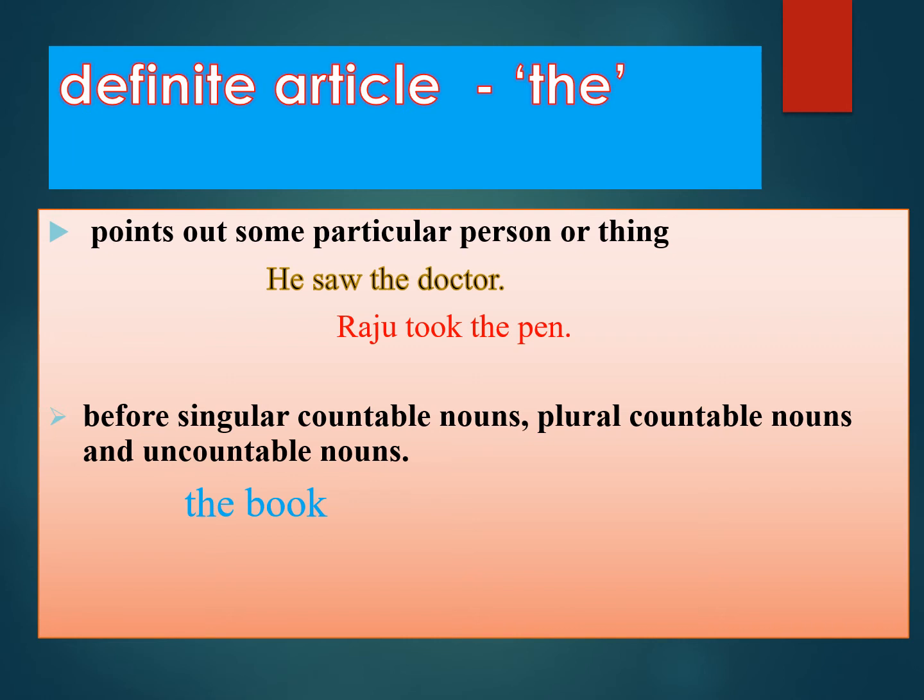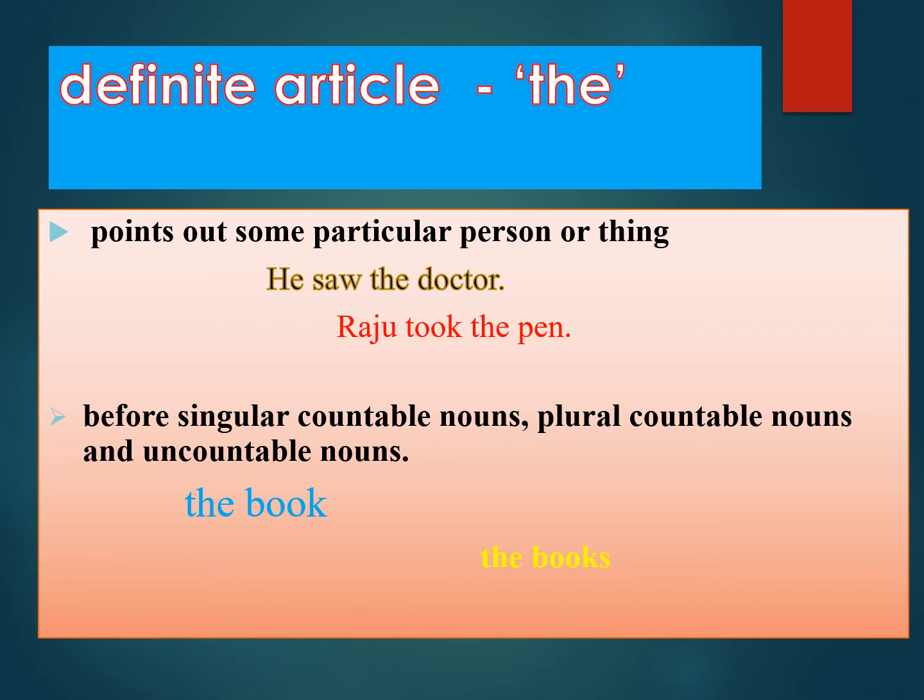The book. So book is a singular countable noun. Before that, the definite article the can be used. So we can use the before a singular countable noun: the book.